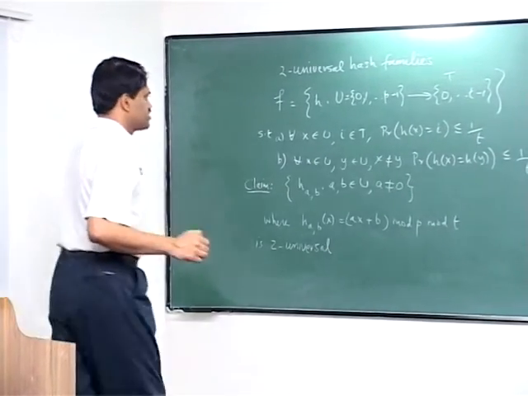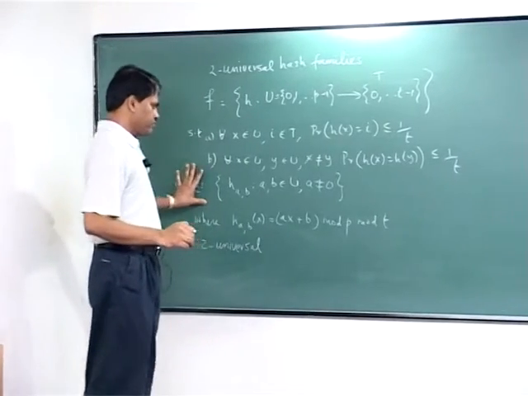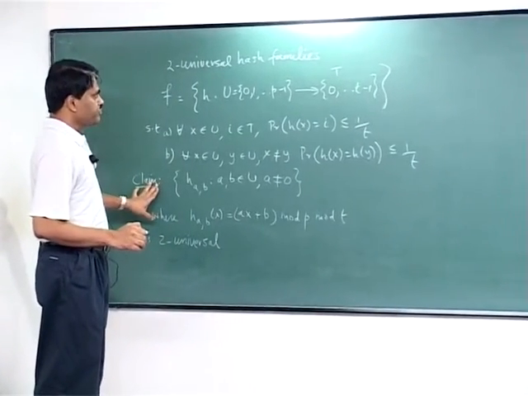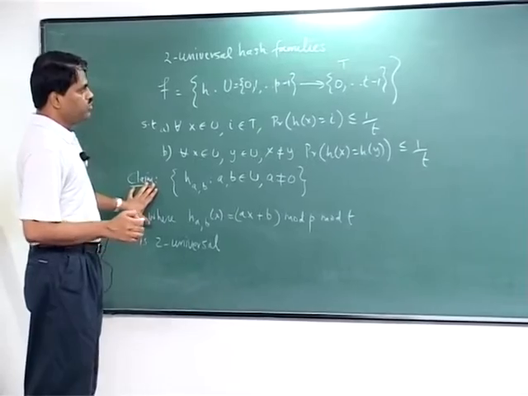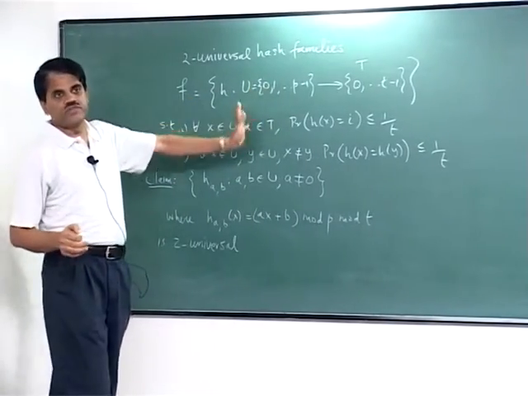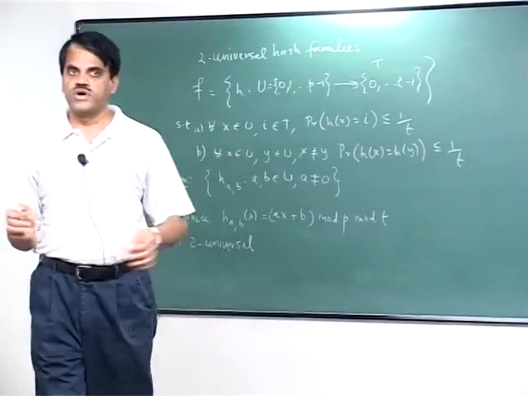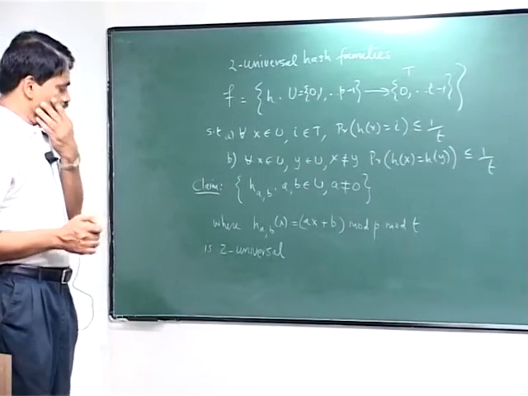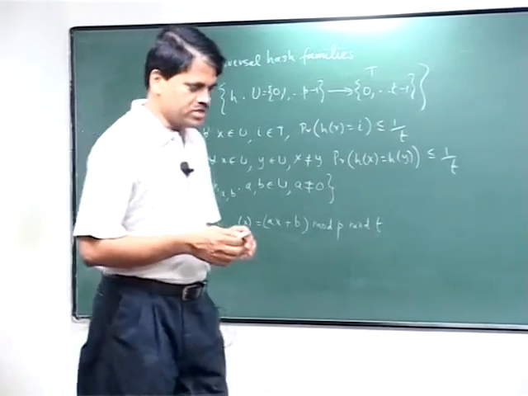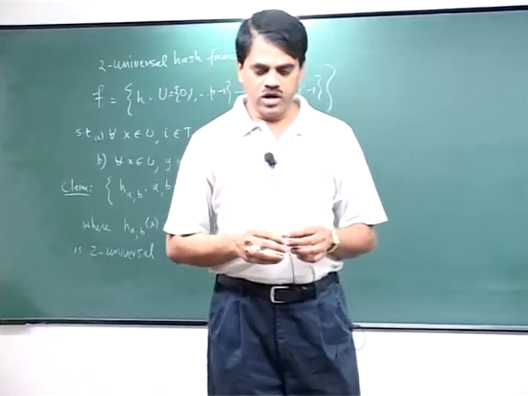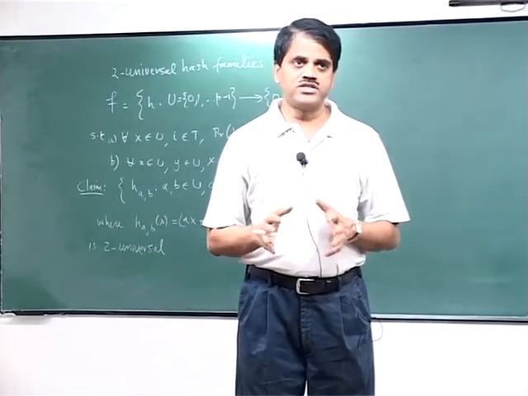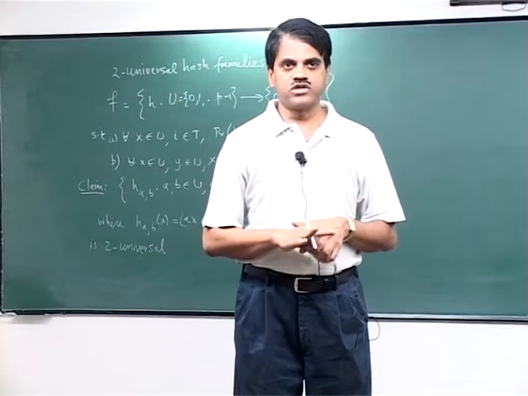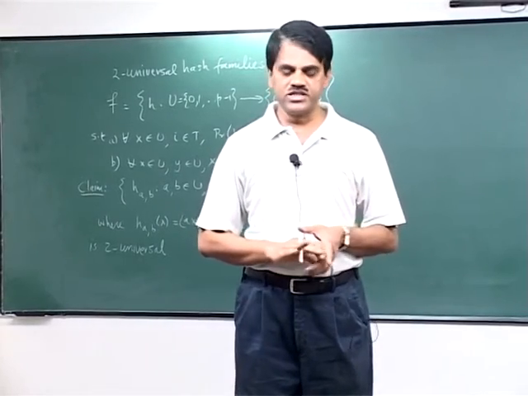Small size because the size is roughly p square, compared to t power p, which is the size of all functions from U to T. So often hashing is used as a good randomized solution for searching, insertions and deletions.